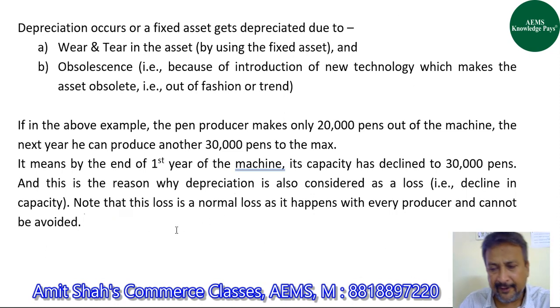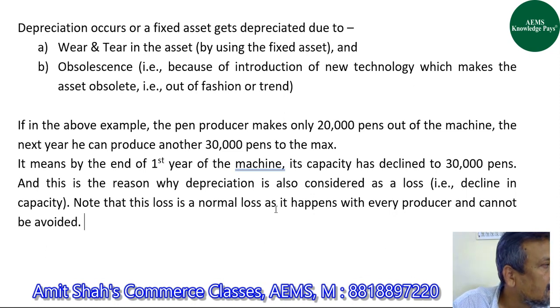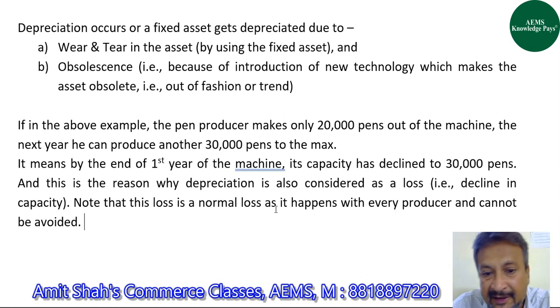Guys, one more very important thing to note about depreciation is that depreciation is the only expense which is a non-cash expense. You do not need to pay any cash while you record depreciation as an expense in your books. Because the money that you had to pay, you have already paid while purchasing that fixed asset.